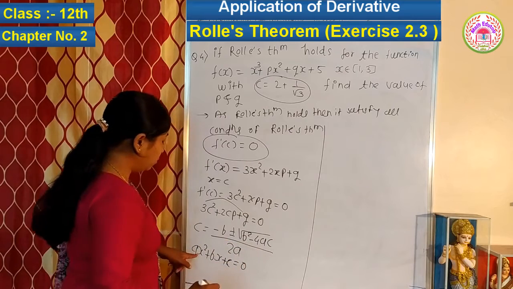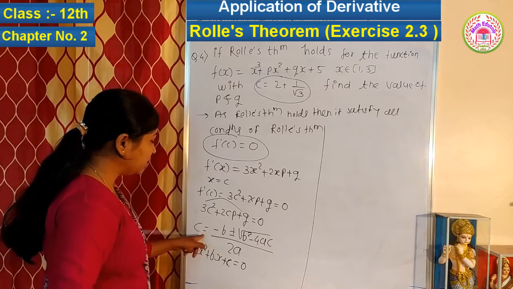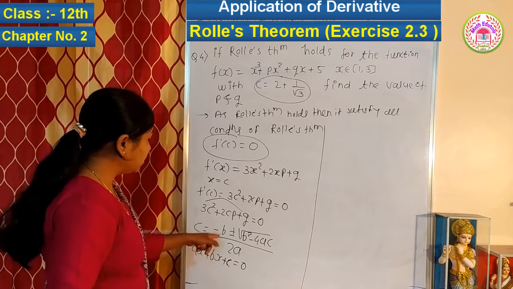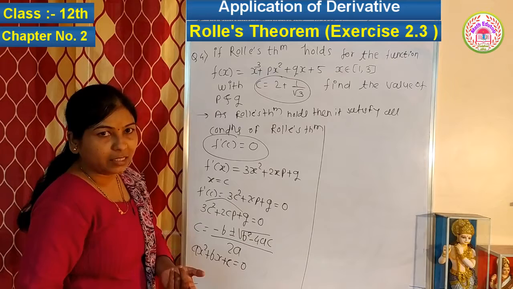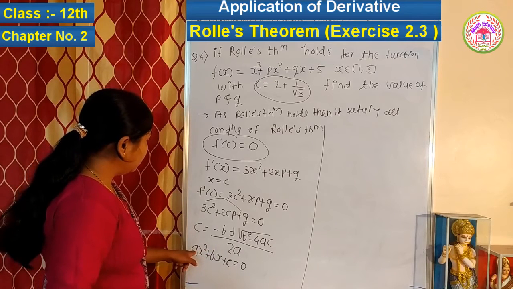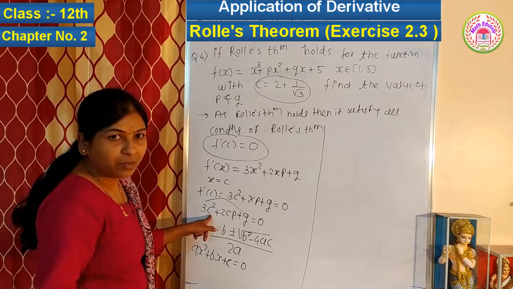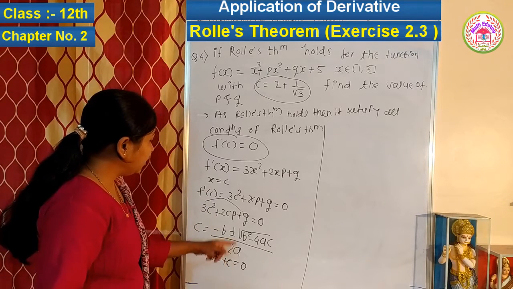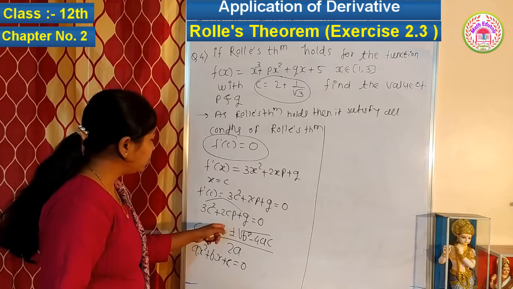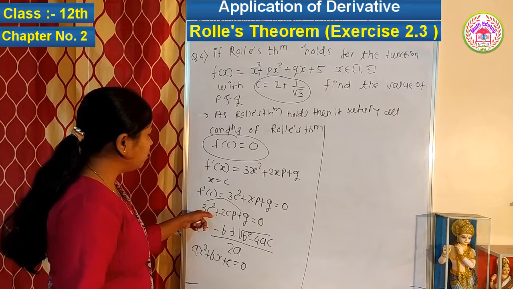If we have a quadratic equation of this form, then the roots are x is equal to minus b plus minus square root of b square minus 4ac, divided by twice a. Here the same thing is present, a quadratic equation in terms of c, so we have to use this formula.